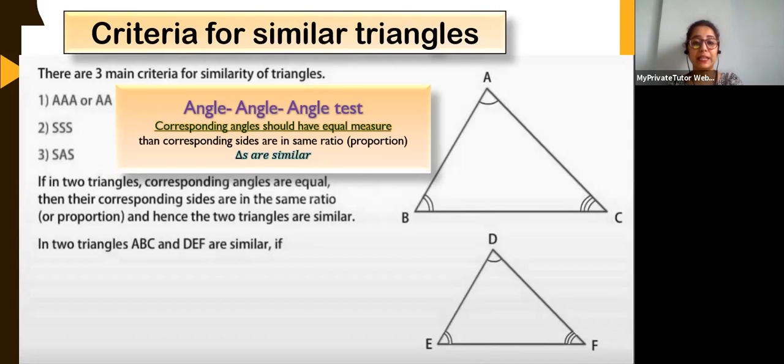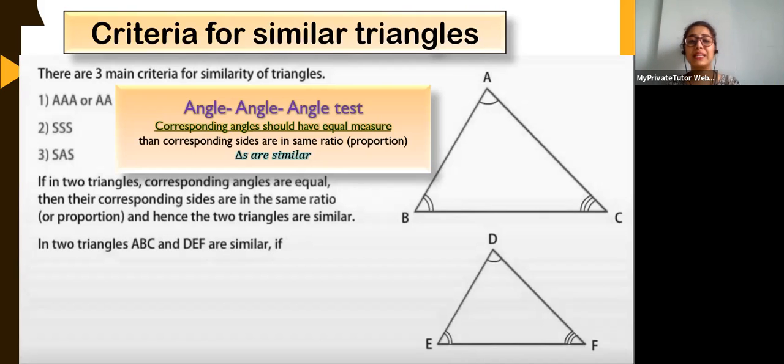If in two triangles we can see that all three angles are of equal measurement, on the AAA test you can say that the given triangles are similar.